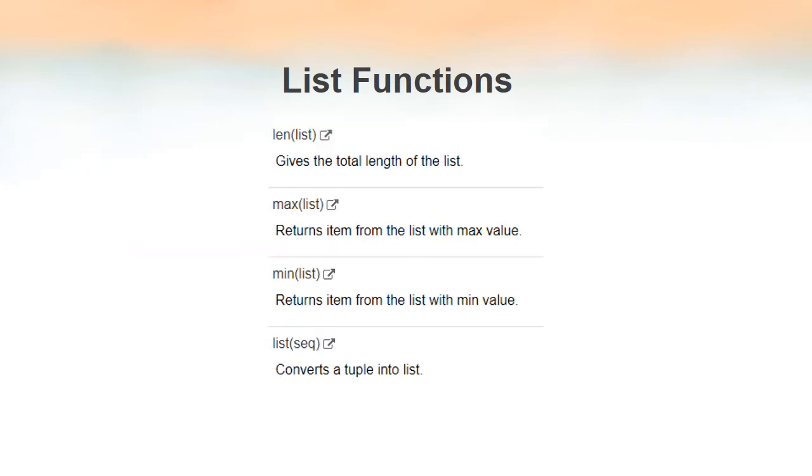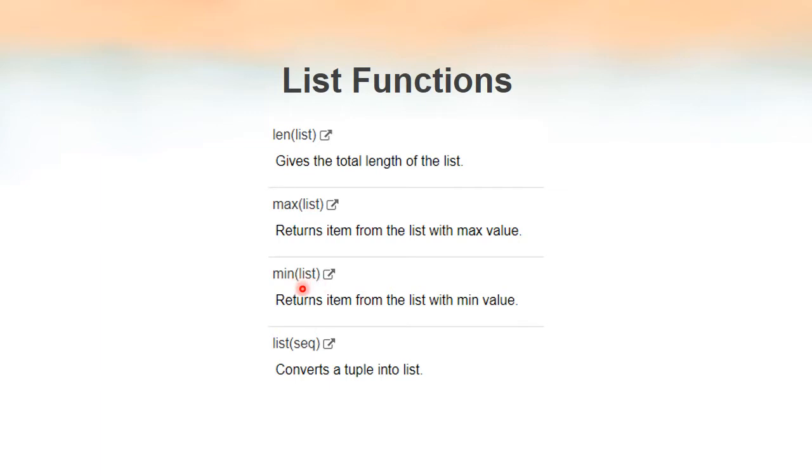Some other useful functions that we can find inside the list are, first of all, len(list). Here this method returns the number of elements inside the specified list. Specified list means the list that we pass as the parameter to this method. Then we have max(list). It is used to find out the maximum element inside the list that we pass as the parameter.